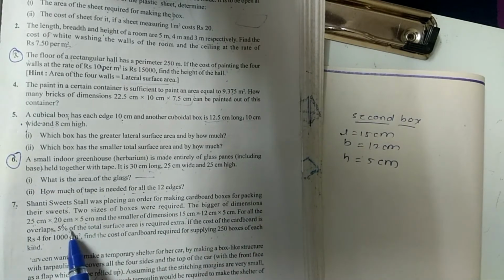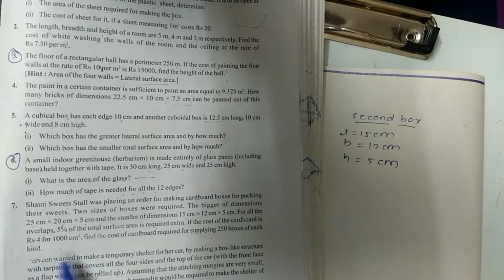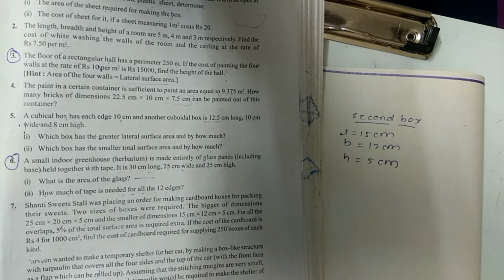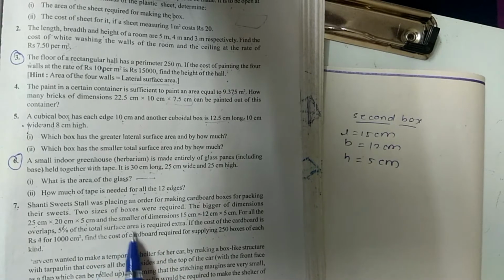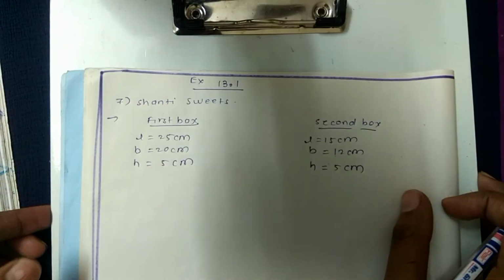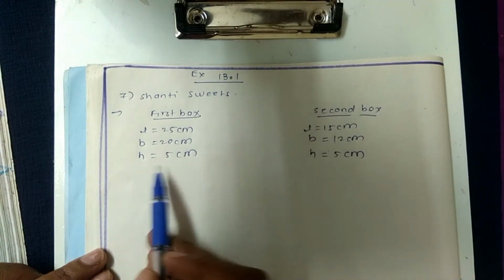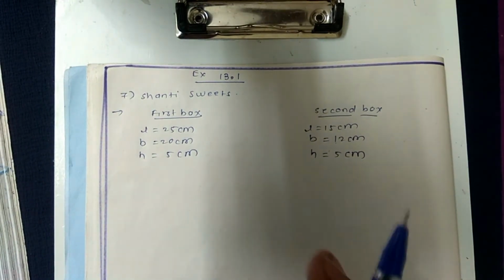For all the overlaps, 5% of the total surface area is required. If the cost is this much, find the cost of cardboard. To find the total cost and how much cardboard is needed, we need to find the area. The area of one box, that is the cardboard needed for one, is the TSA of the full box plus 5% of TSA; we have to add them.